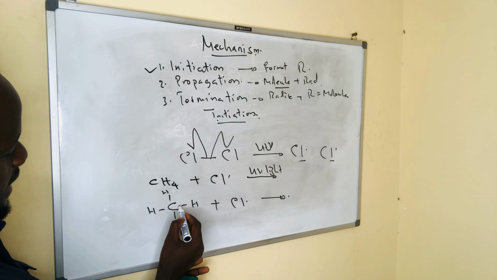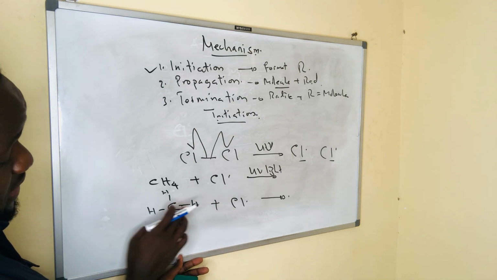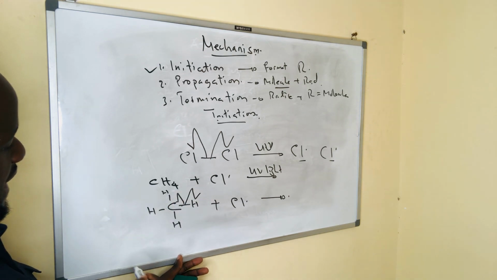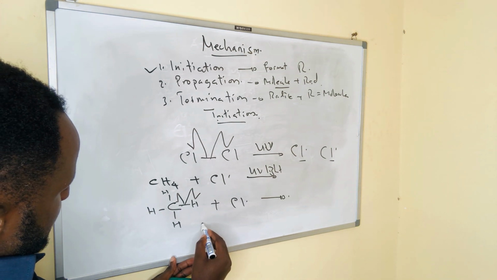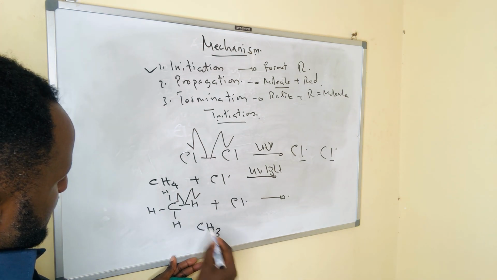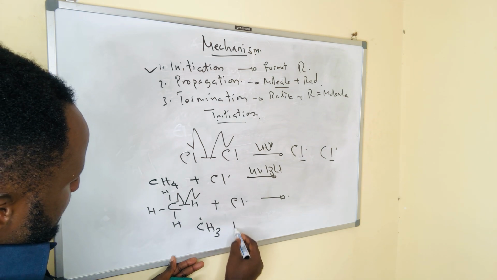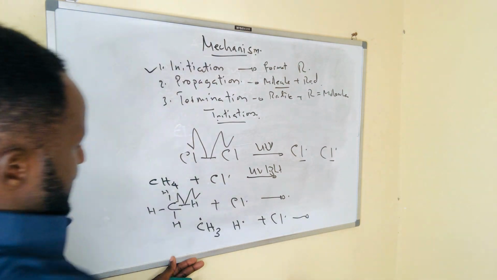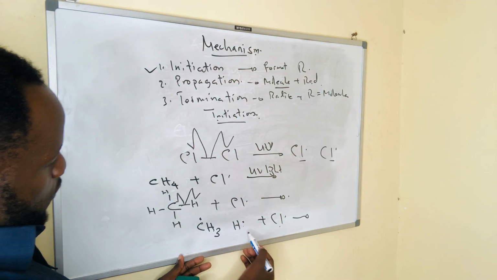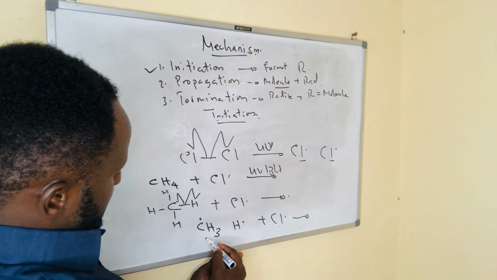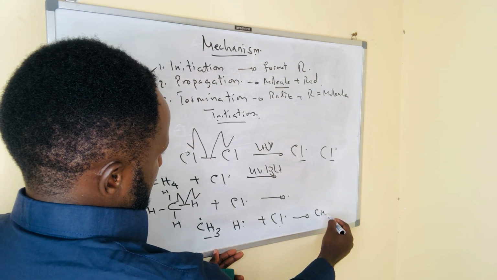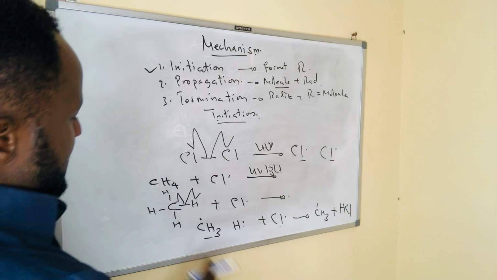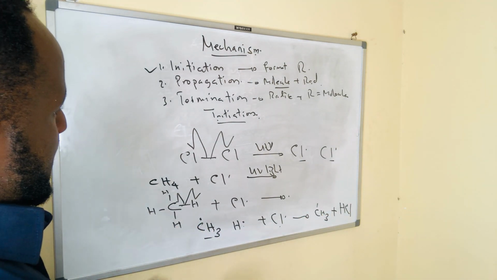This bond here between carbon and hydrogen, which is a sigma bond, will break homolytically. It means you will get CH3 radical, and then you will have hydrogen radical plus chlorine radical. So radical and radical will react to form HCl. So you will have CH3 radical plus HCl. That is the first step of propagation.